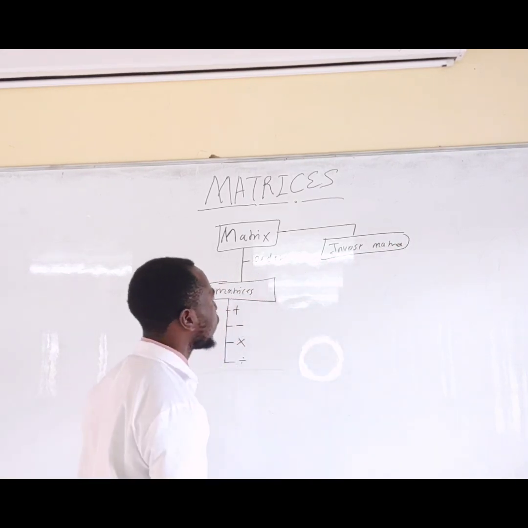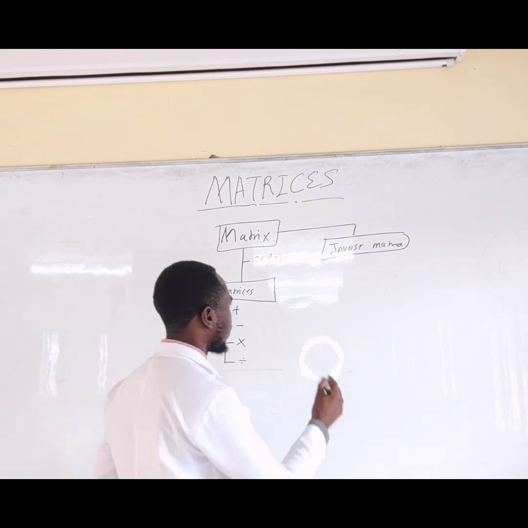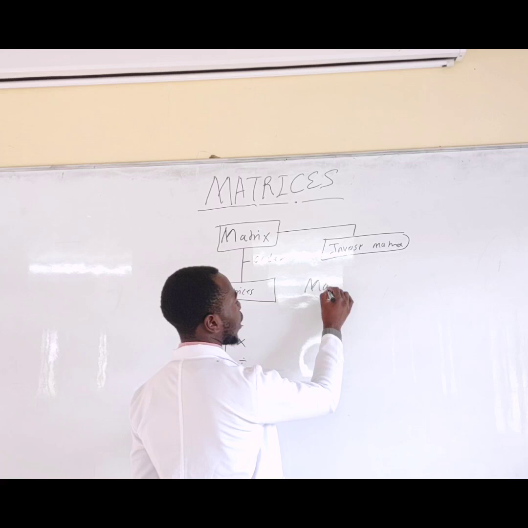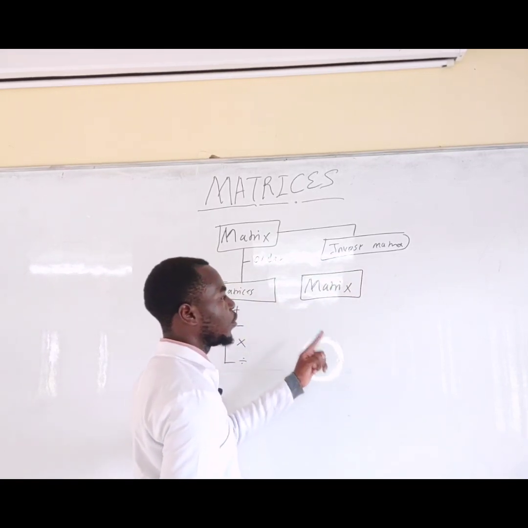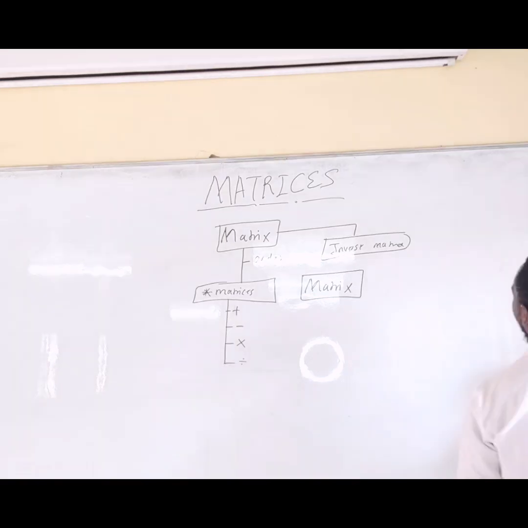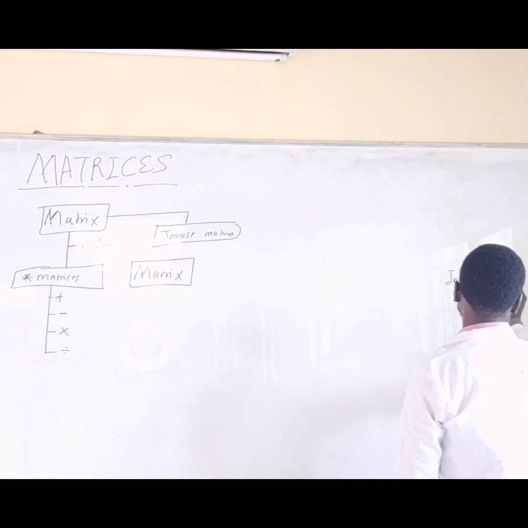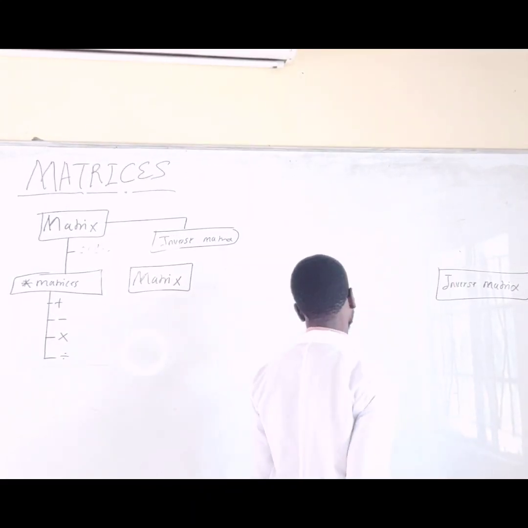For the inverse of any given matrix, there are intermediate things you have to follow. For example, here you are given an ordinary matrix, and you need to produce an inverse of the matrix.